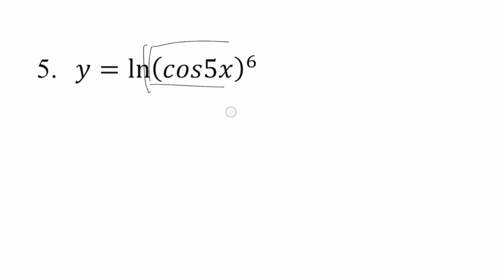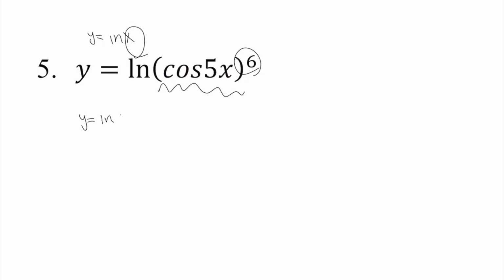So, basically, you know how there's ln x, right? Y equals ln x. So, cosine 5x to the power of 6, that would be the x here. So, yeah, that makes sense. So, the derivative of ln x is y prime equals 1 over x. This is a memorized formula, so everyone should know this.